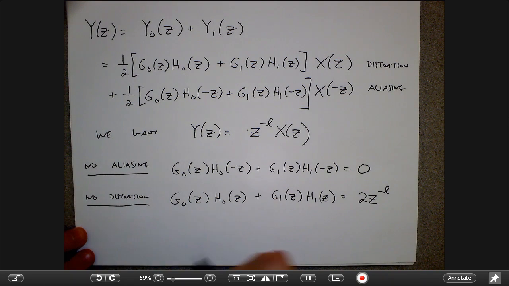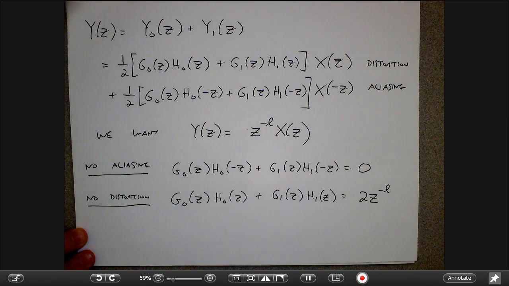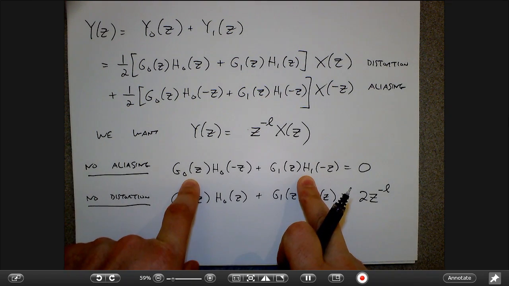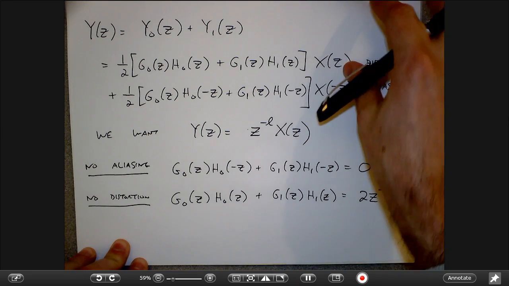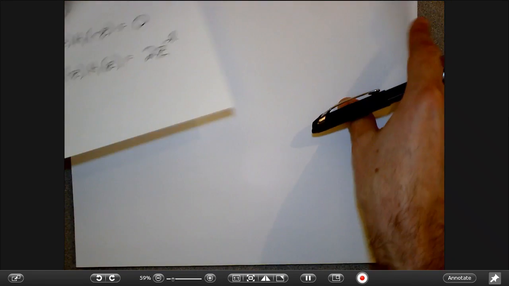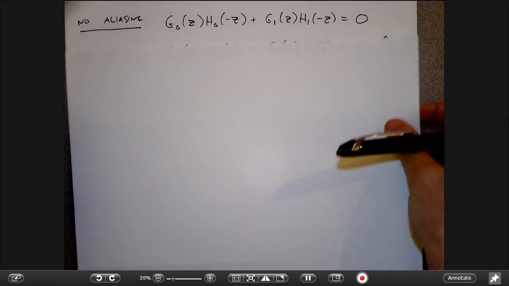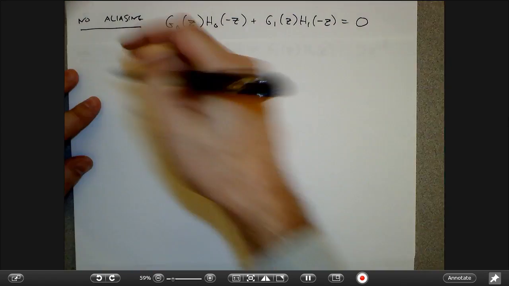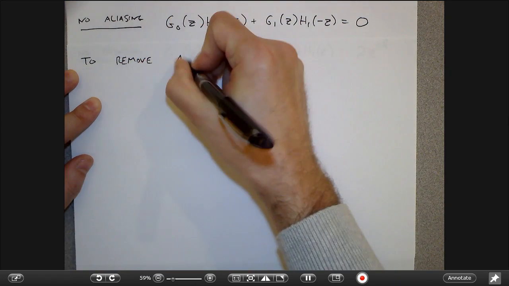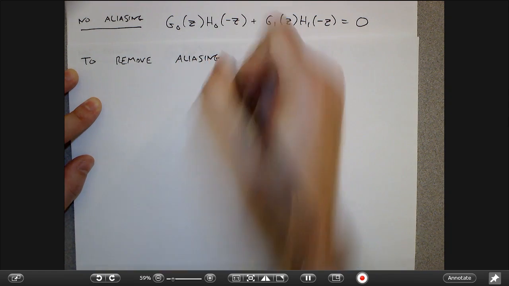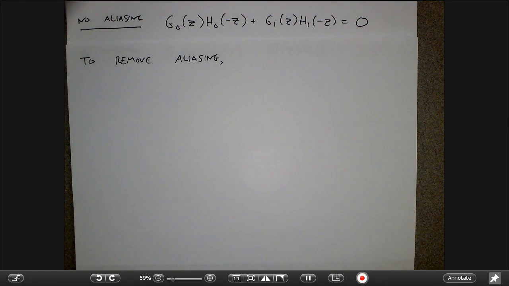And so it turns out that there are some easy ways to meet these conditions, okay? So let's think about getting rid of the aliasing first. So to remove aliasing, I can make a choice about how the G's and H's are related, right?